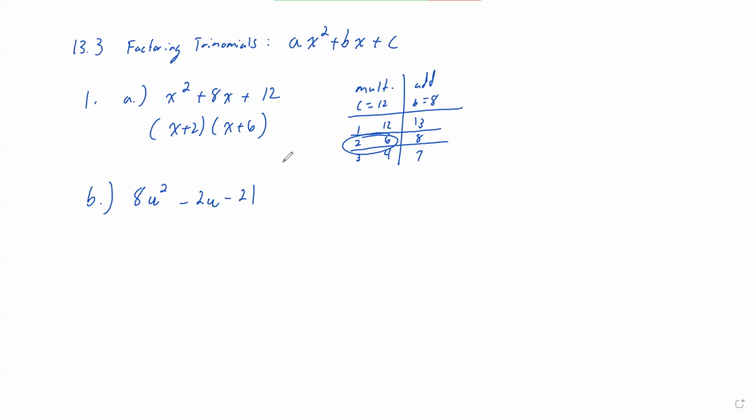So this right here, again, is called the AC method. It looks like the T-chart still. This is your A, this is your B, this is your C. We're still going to multiply, but instead of C, it's actually going to be A times C. So in this case, we need to figure out what 8 times negative 21 is.